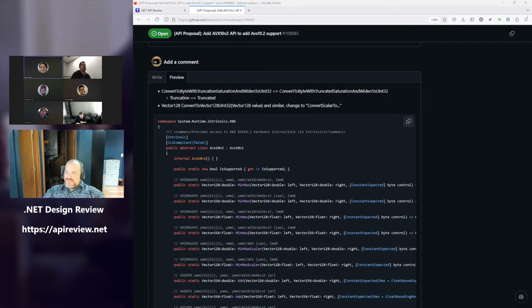Oftentimes, it's more like a struct of bit fields, where each bit field set is itself an enum, and we don't want to get into the habit of exposing like 4 constant expected enum members that the JIT internally has to combine together and deal with in weird ways. We just tell the user, provide the control byte that is the accurate bits, which may not have well-defined meaning. So it's not that MinMax is special, it's that the rounding ones were special, and because they were special, they got a type. Yes. Okay, got it. Cool, thanks for clarifying that.